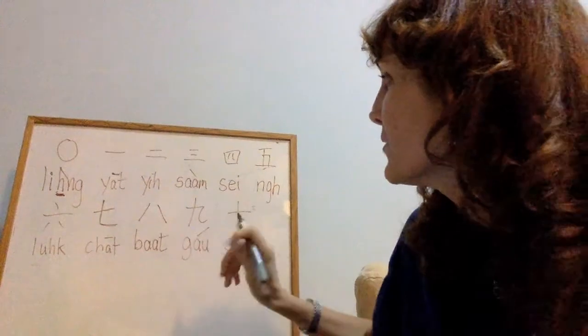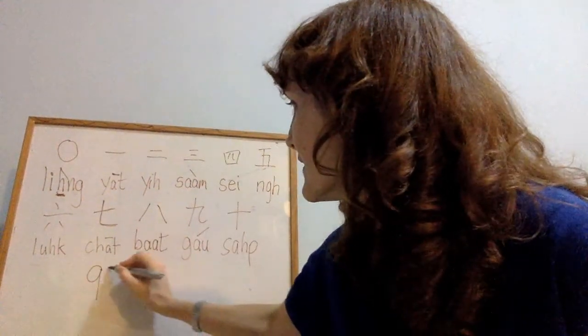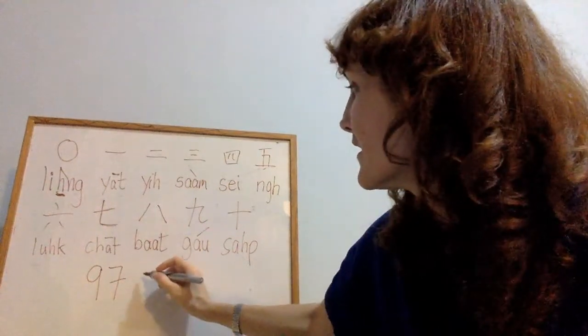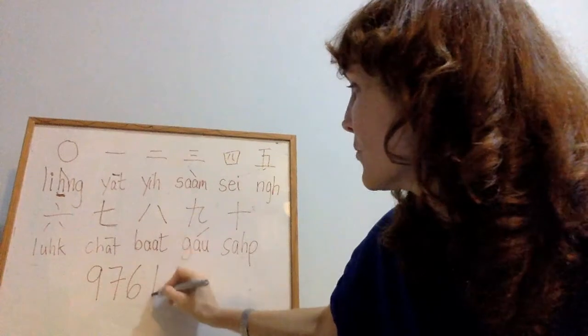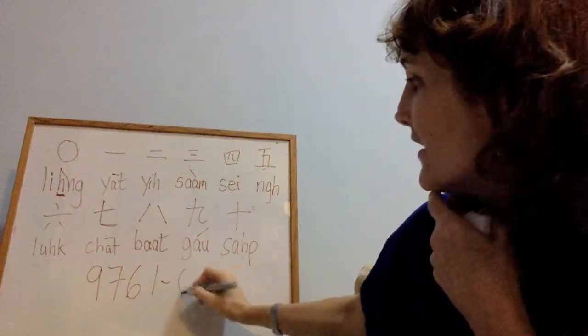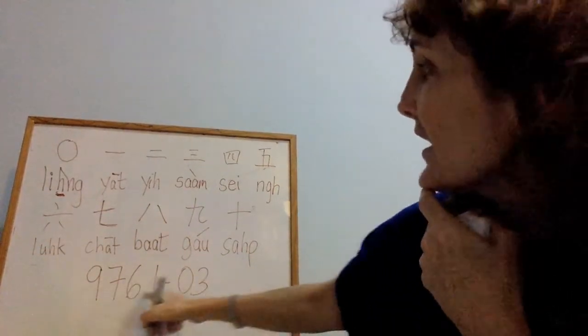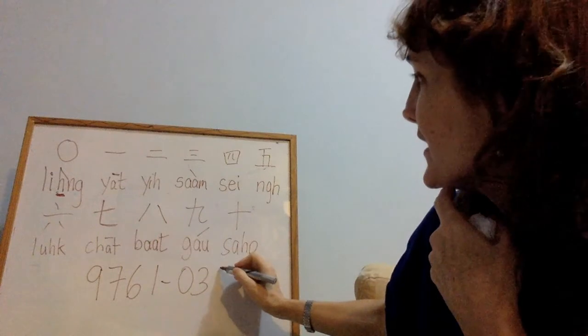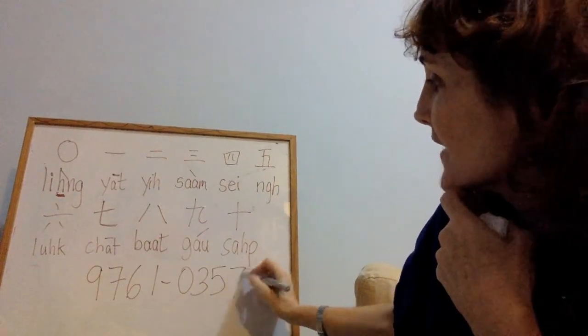Gao. So let's see. Let's use 9, 7, 6, 1. And then let's see. That's a high one. Let's go back down. 0, 3. What number haven't I used yet? 0, 3, 5, high tone, 7.